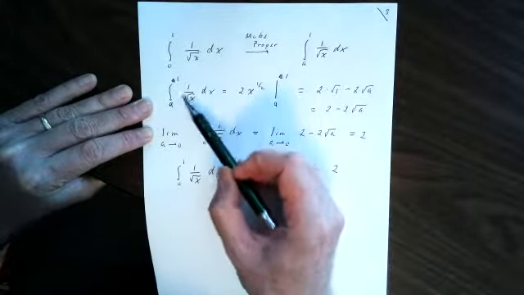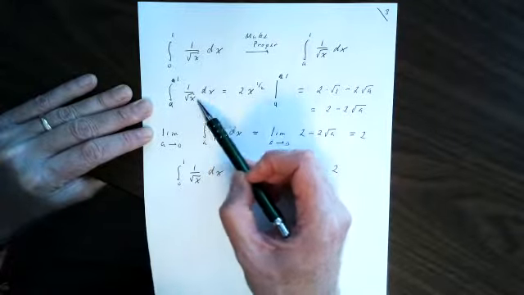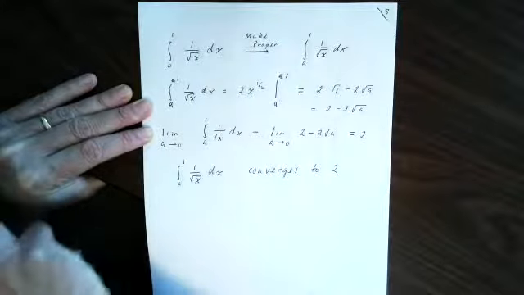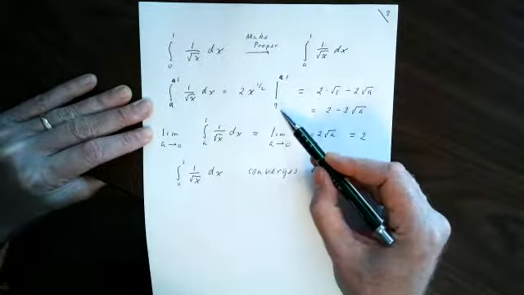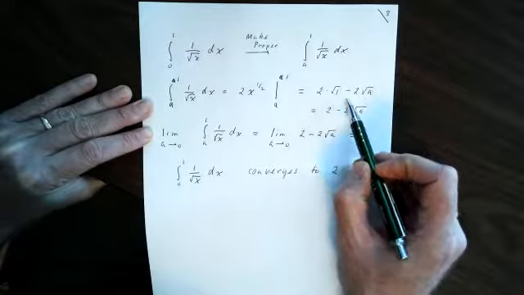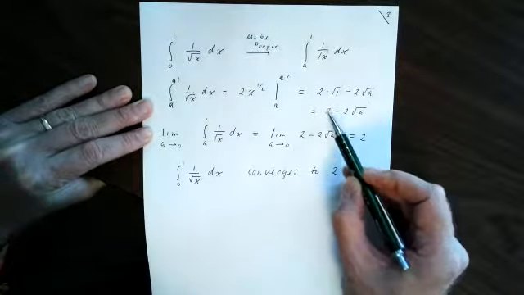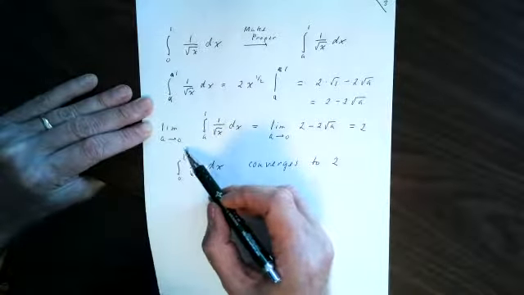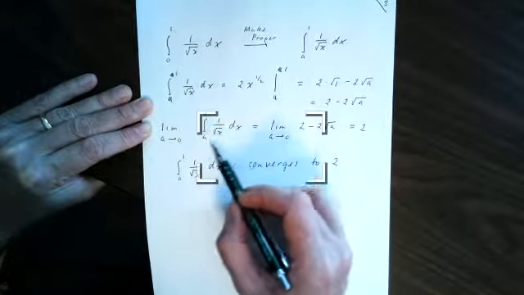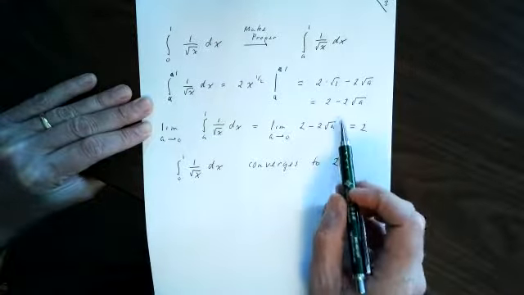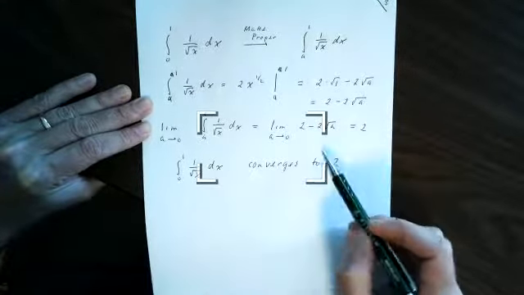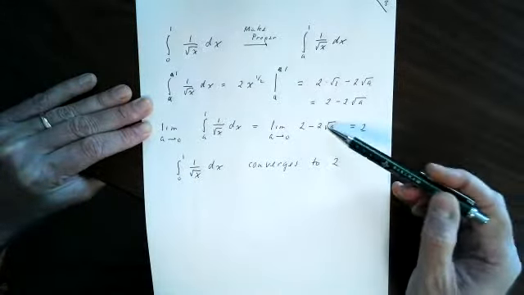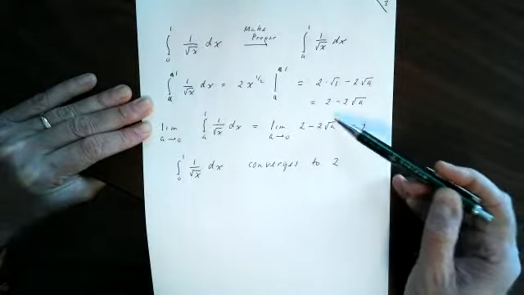If I take 1 over the square root of x, and if I integrate it using the power rule, I get 2x to the 1/2. I substitute my upper endpoint of 1 in, my lower endpoint of a, and I get 2 times the square root of 1 minus 2 square root of a, or just 2 minus 2 root a. Now, we take the limit as a goes to 0 of 2 minus 2 root a, and as a gets smaller and smaller, the square root of a will become closer and closer to 0.